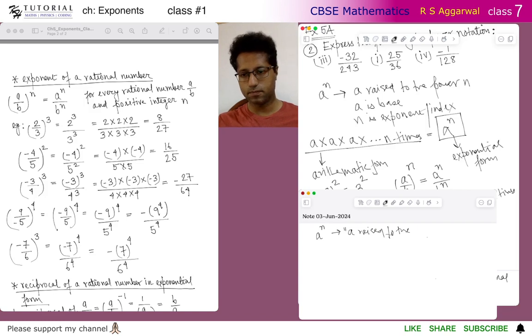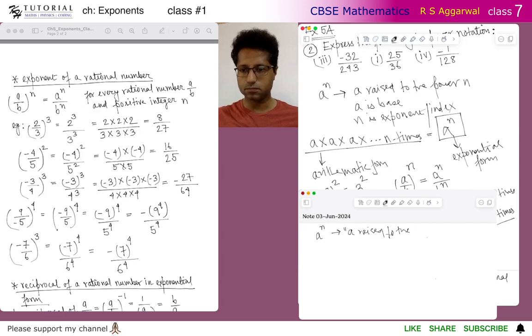So this becomes a multiplied by a, n times, divided by b multiplied by b, n times.